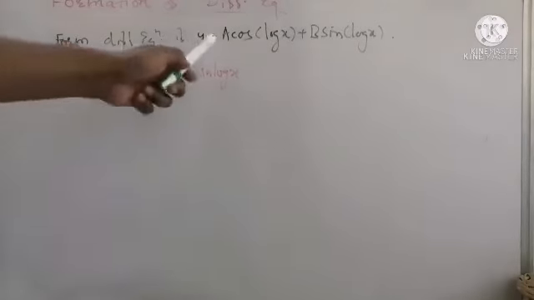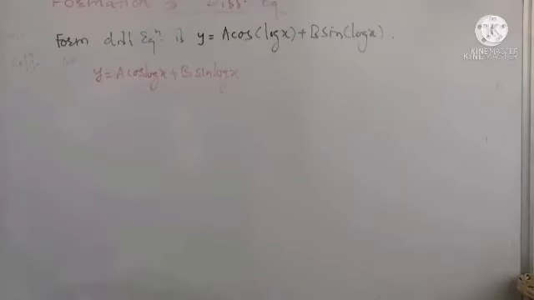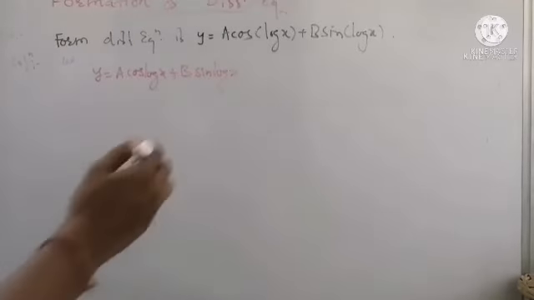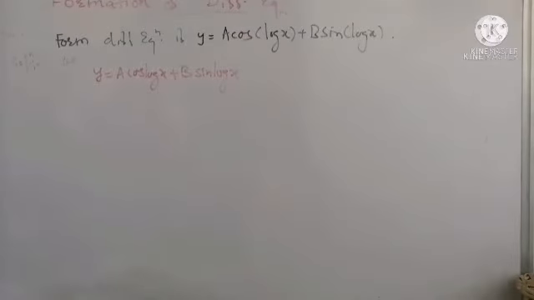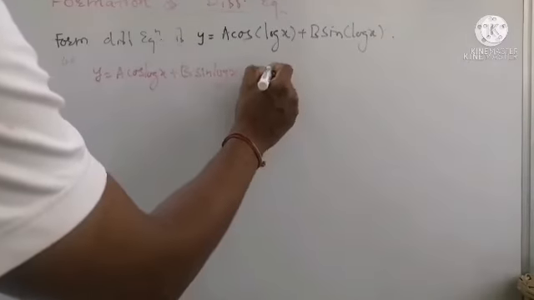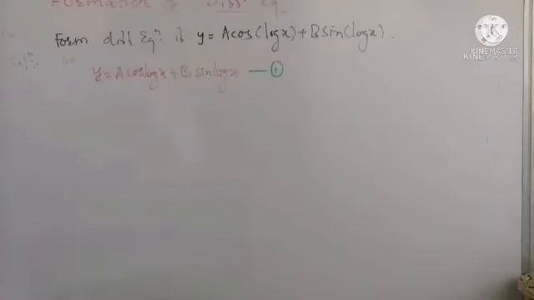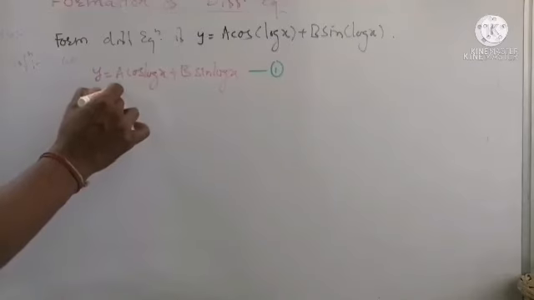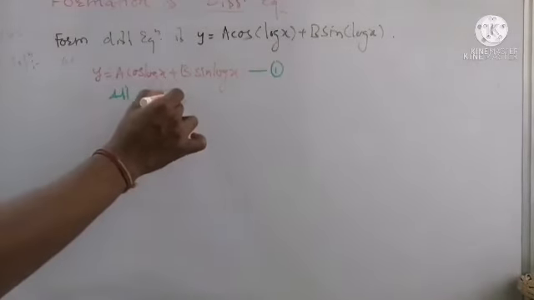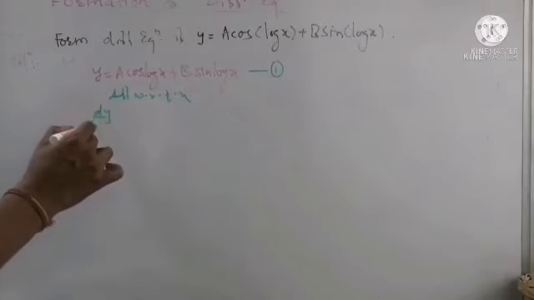Form a differential equation: y is equal to A cos log of x plus B sin log of x. As you can observe in the given expression, y contains two arbitrary constants, capital A and capital B. So we have to differentiate this equation minimum 2 times to eliminate arbitrary constants A and B, so that we can get a differential equation of order 2 which is free of arbitrary constants A and B. So we take differentiation with respect to x, as the derivative of y with respect to x is dy by dx.